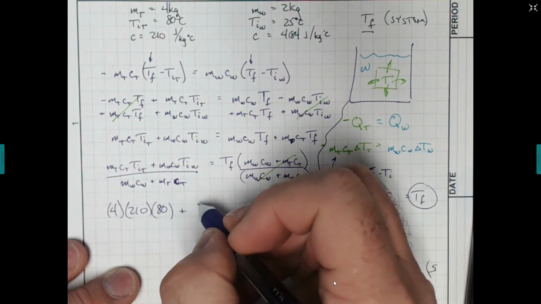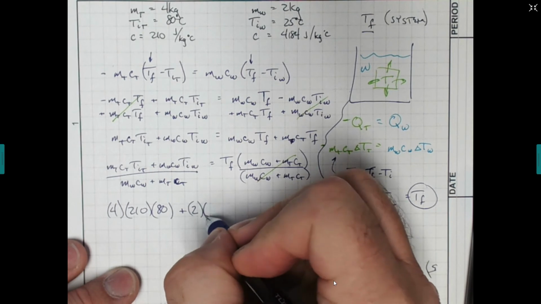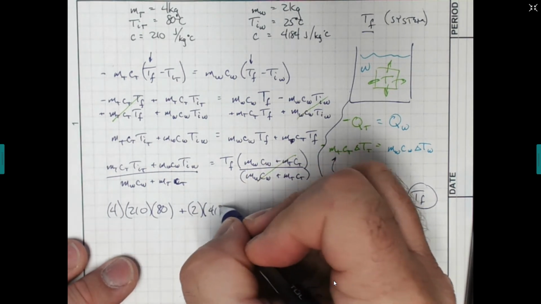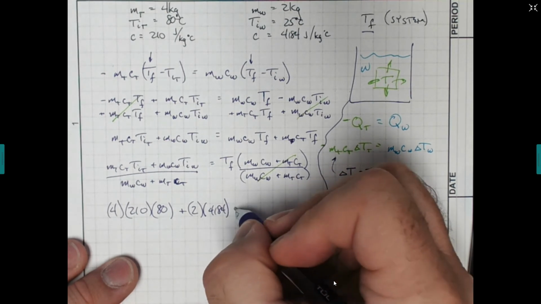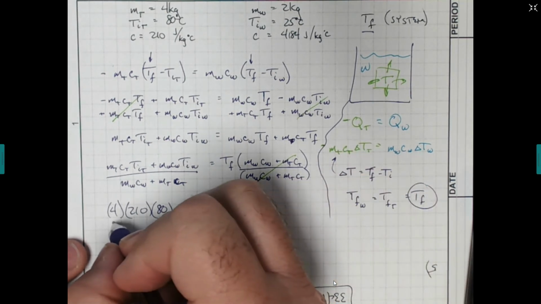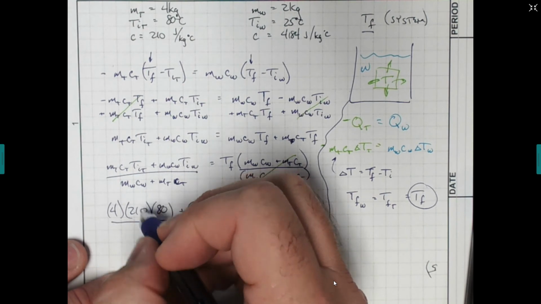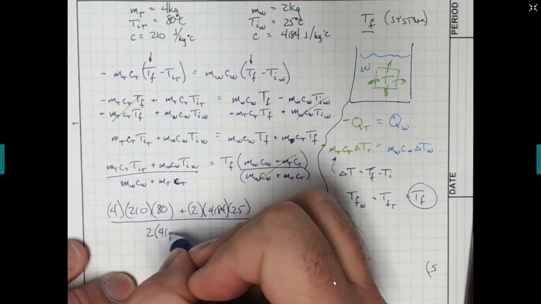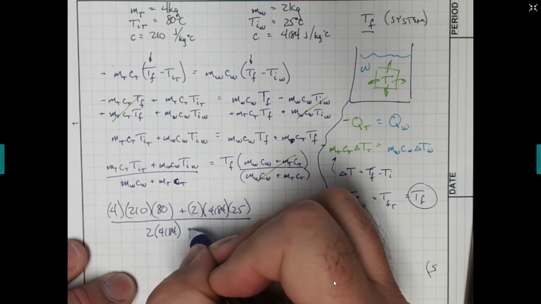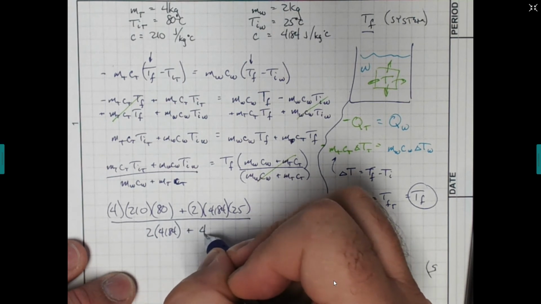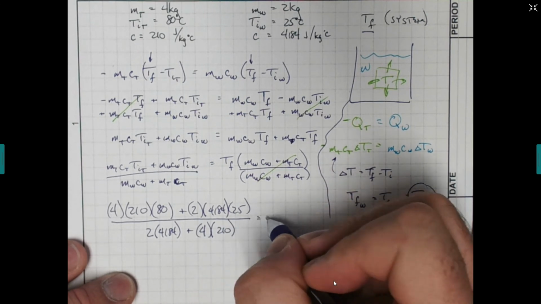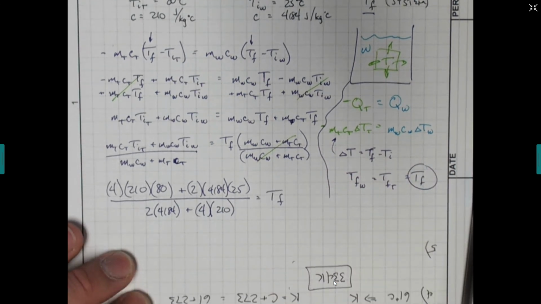We're going to add that to the mass of the water, which was 2, times the specific heat of the water, 4184, times the initial temperature of the water, which was 25. And then we're going to divide all of that by the mass of the water, 2, times the specific heat of the water, 4184, plus the mass of the tin, 4, times 210, the specific heat, and that should give me temperature final.